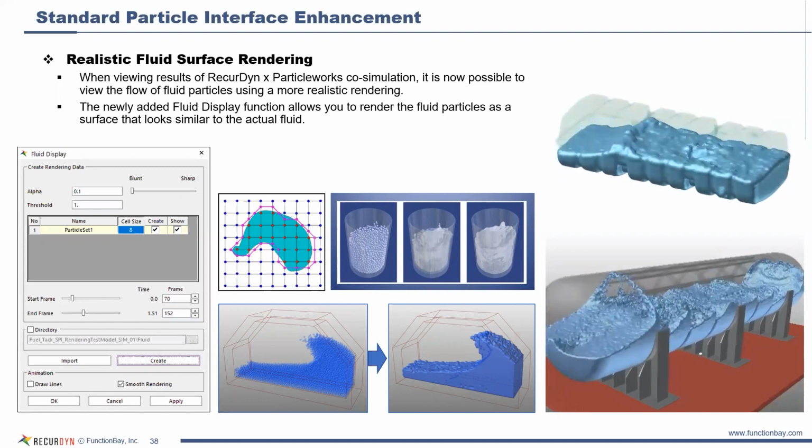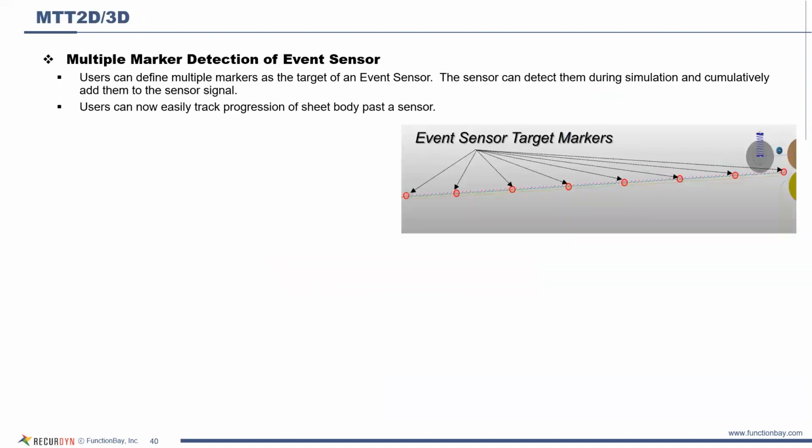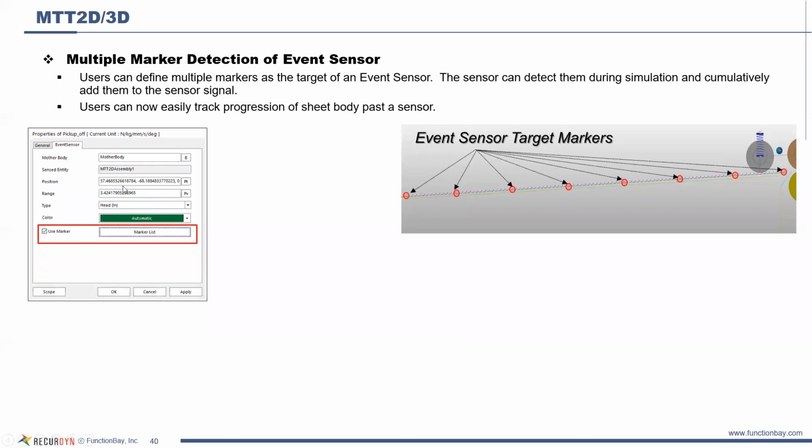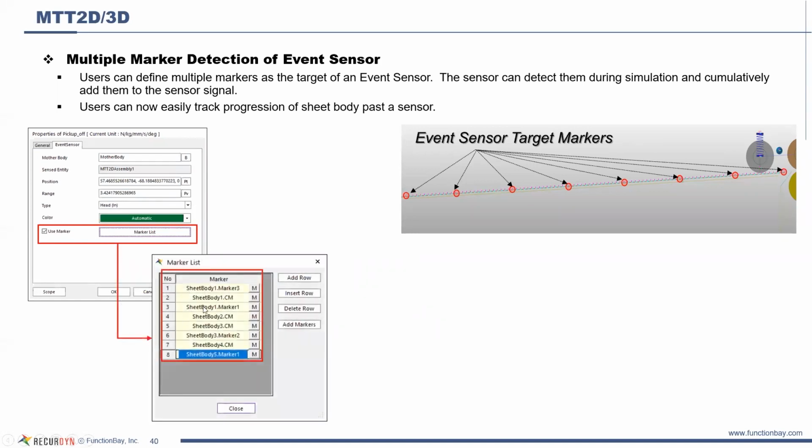All right, so the next enhancement is to the media transport toolkits, both the 2D and 3D versions. The enhancement here is that multiple markers can be defined to be detected by an event sensor. The user would click on this mark list button, and that would allow them to input a list of markers for the sensor to sense.